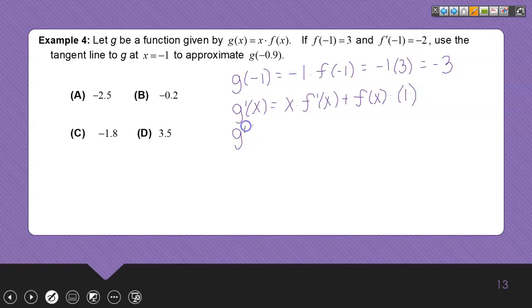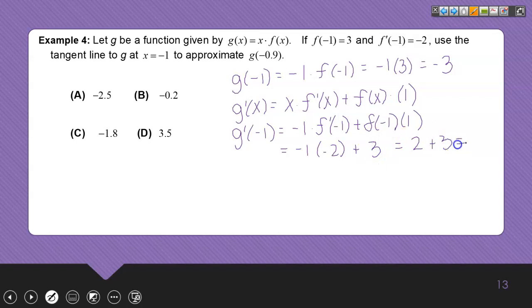Now I want to find G prime at -1. So the slope of G prime at -1 is 5.